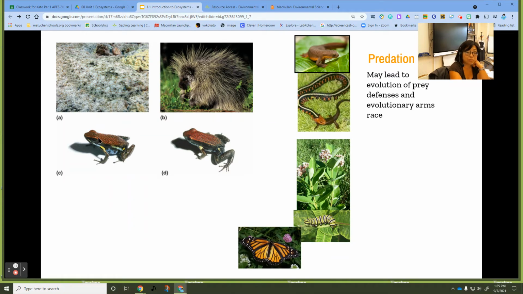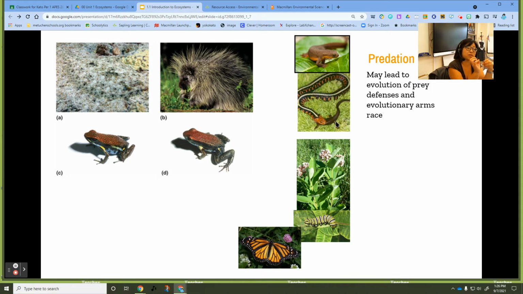And when you have a situation where some organisms are very toxic, and other organisms have learned to deal with the toxin and have specialized on that organism, you get into what's called an evolutionary arms race, where one is constantly trying to outdo the other, and it leads to coevolution. So you have this toxic salamander, and you have this snake that has adapted to tolerate that toxin.